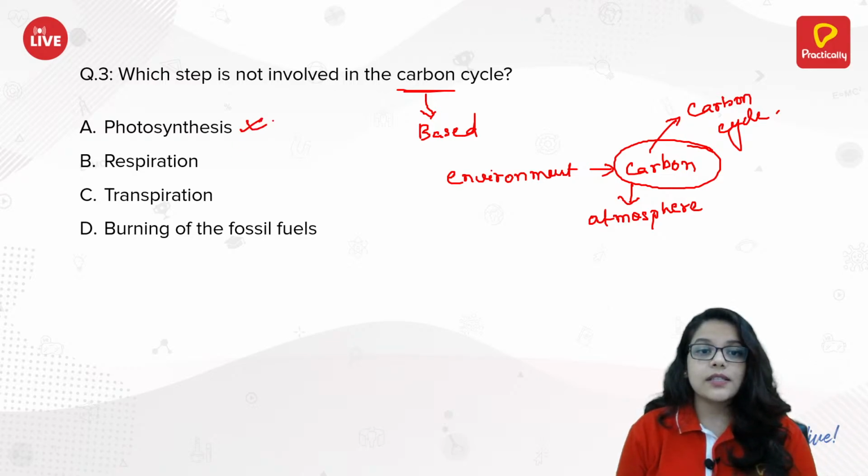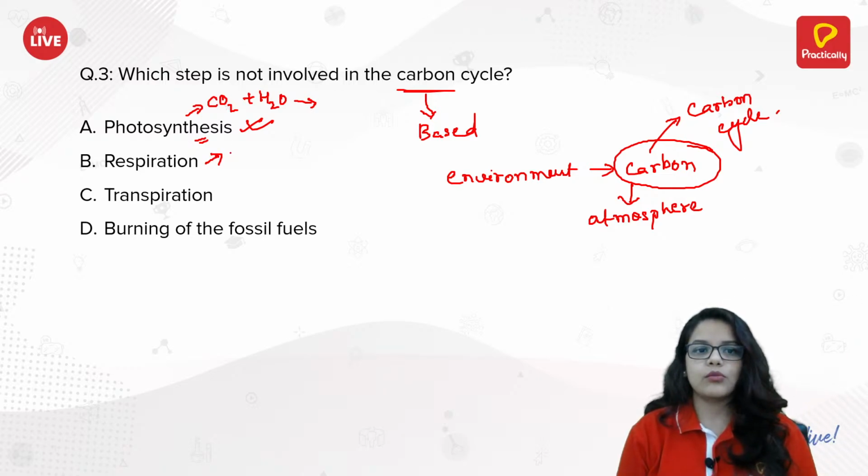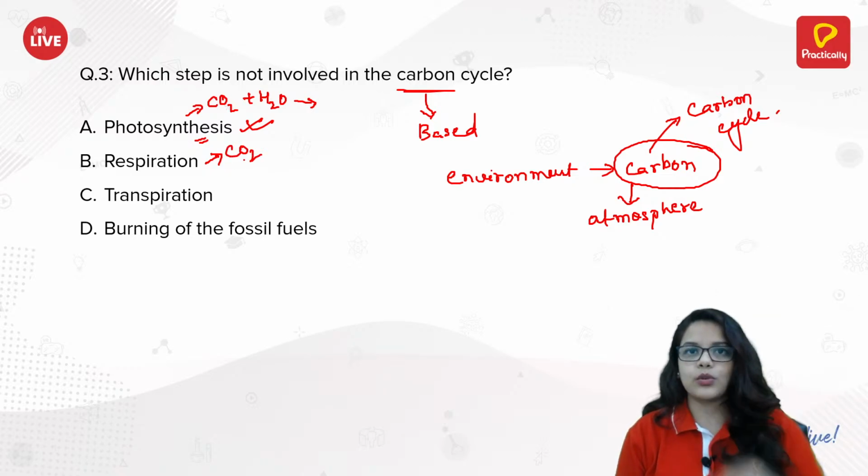There is photosynthesis. Of course, this needs carbon. Photosynthesis needs carbon dioxide, with water and sunlight. Then respiration. In plants, mostly, in respiration, carbon dioxide is given out.